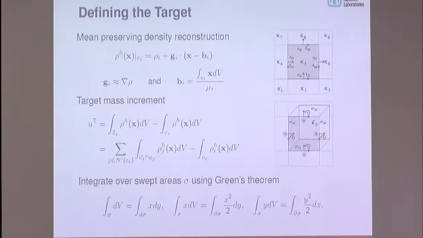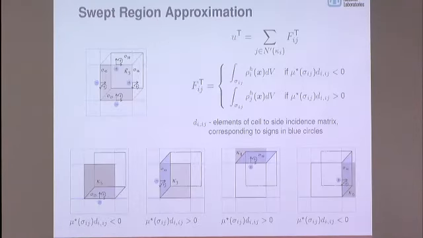If you think about the movement of the nodes, it moves out an area, and I know a number of you also use this approach. It's a swept area from the Lagrangian motion. And so these sigmas are the swept areas between these cells. And so we integrate over the swept areas using Green's theorem to get the fluxes and then sum them up to get the target mass increment.